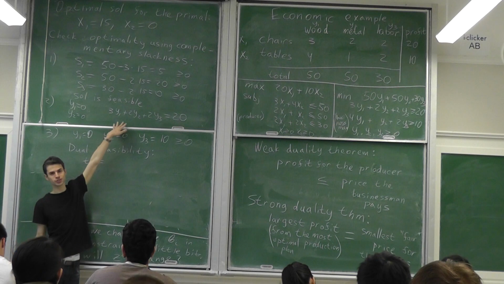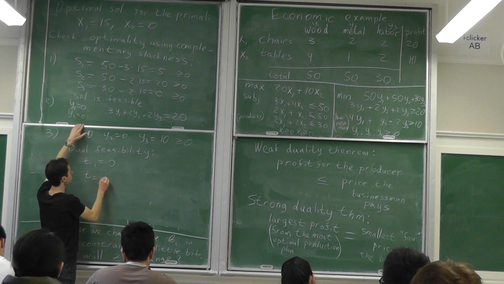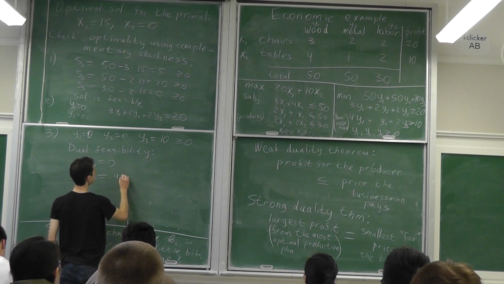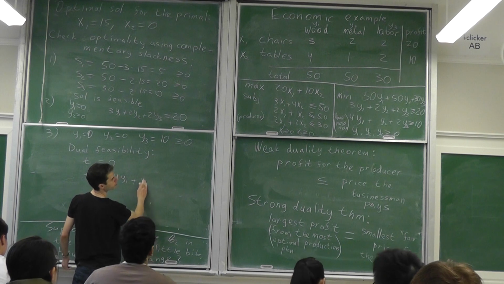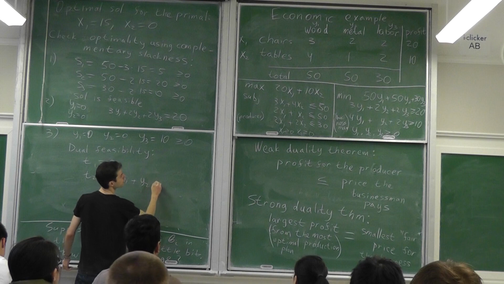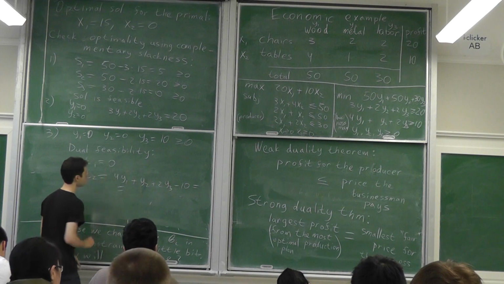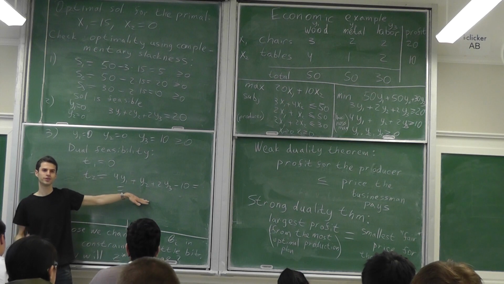We solved in such a way that it is 0. The second slack variable corresponds to 4y1 plus y2 plus 2y3 minus 10. If we get a positive number, then we are done.